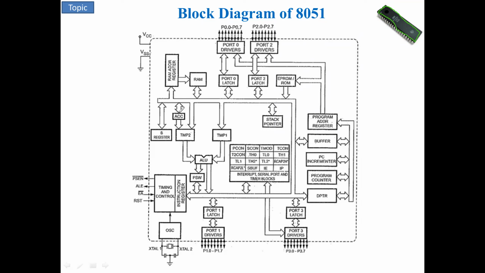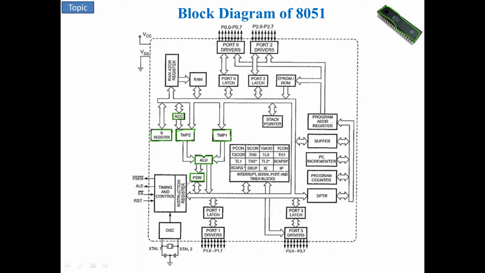For example, a combination of a few transistors we call the accumulator, and a B register, TMP, which is a temporary register, TMP1, another temporary register. We have another block, the ALU block, which is the arithmetic and logic unit block. And then we have another register, PSW, program status word.